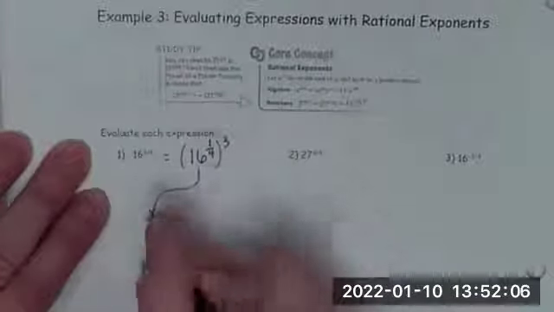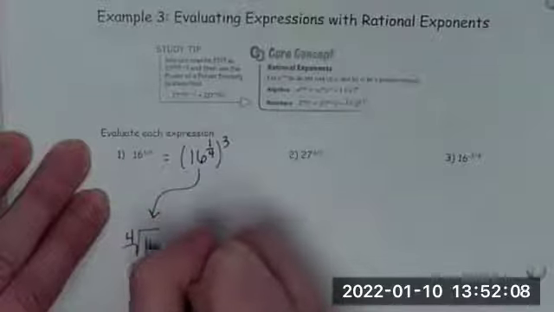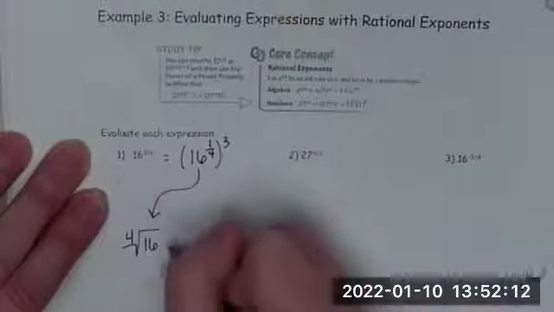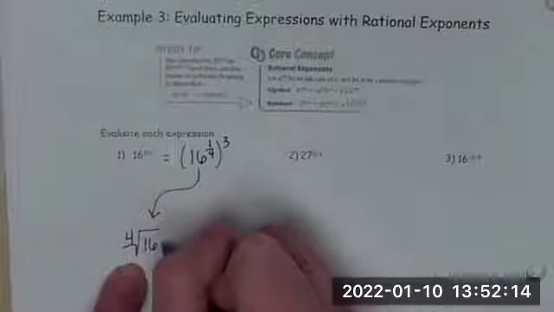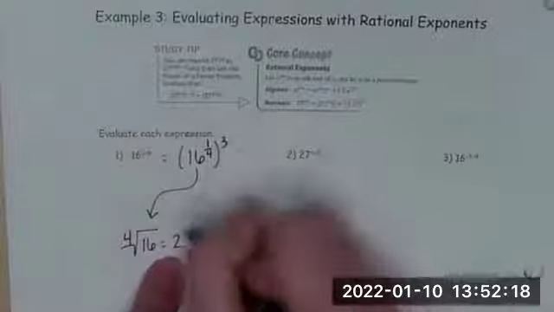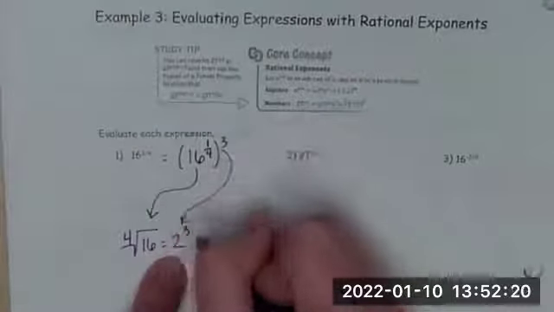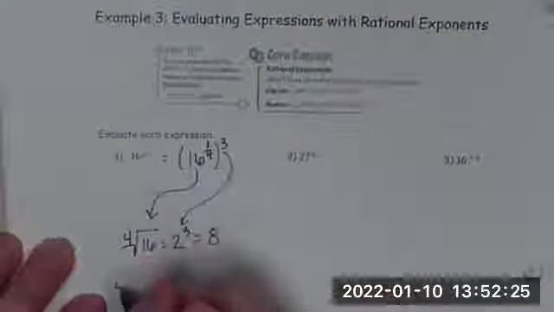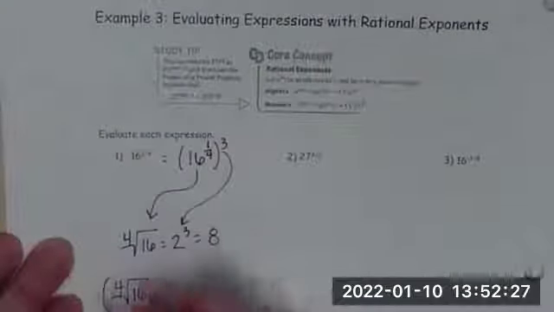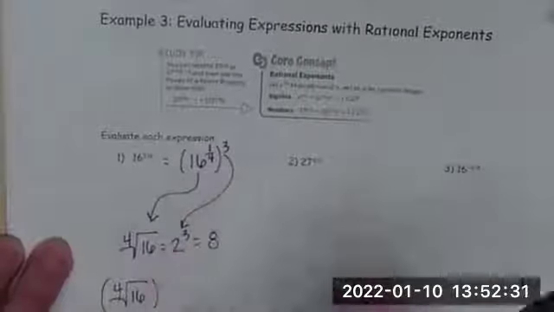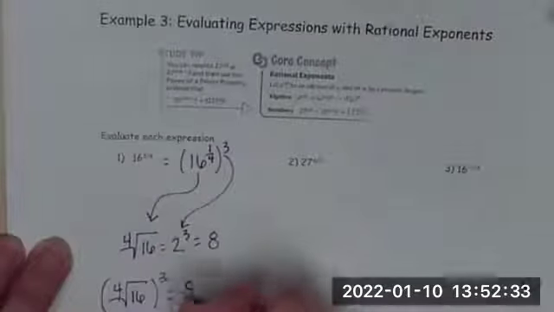So the 4th root of 16 is 2, but don't forget it's cubed. So my answer here is 8. If I were to rewrite that, it's the 4th root of 16 cubed, which is 8.